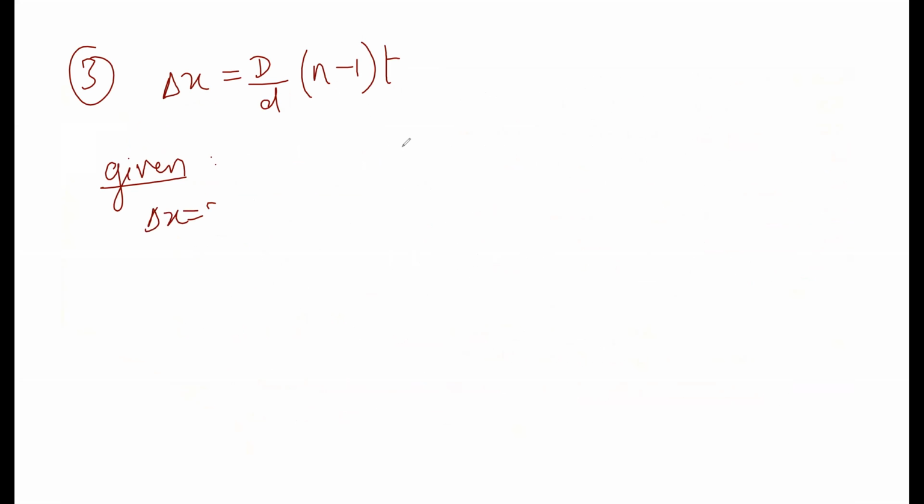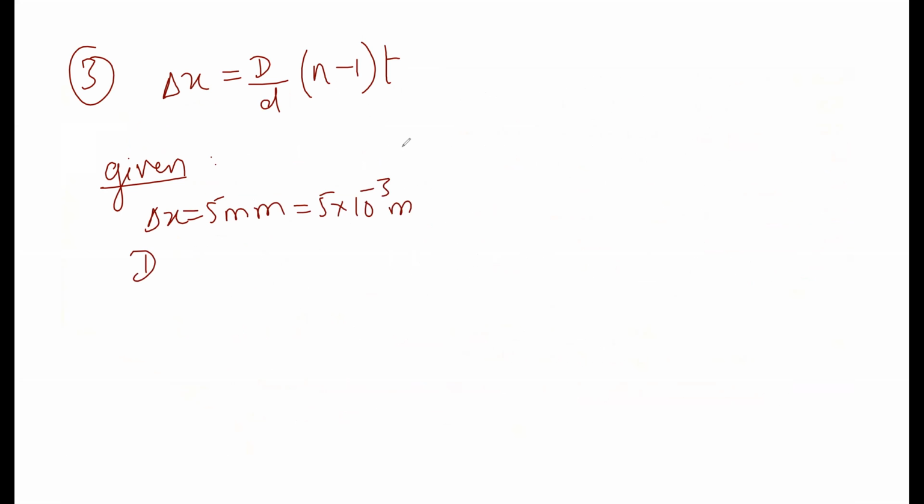What is given? Shift in interference pattern is given by delta x is equal to capital D divided by small d in the bracket n minus 1 into t. So what they have given is delta x equal to 5 millimeter. If we convert into meter, it becomes 5 into 10 to the power of minus 3 meter.